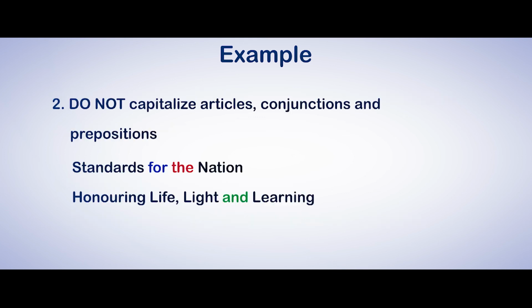Then example number 2 says do not capitalize articles, conjunctions and prepositions. So if you look at this title, standards for the nation, you see for is a preposition and the is an article, so they are not capitalized. And then the second title says honoring life, light and learning, and is a conjunction. That's the reason why it's not capitalized.